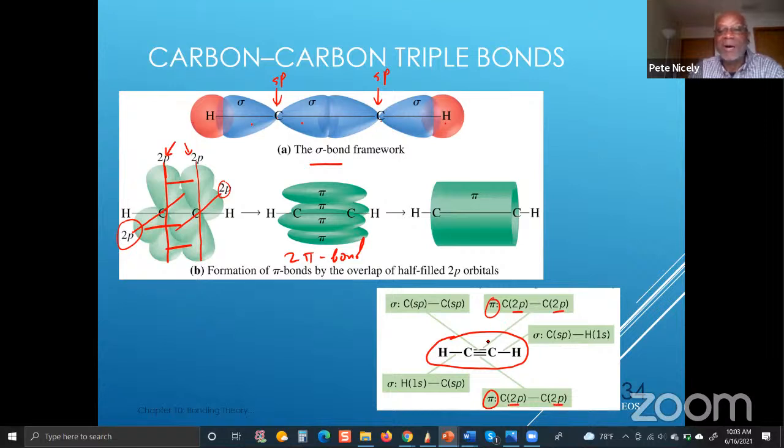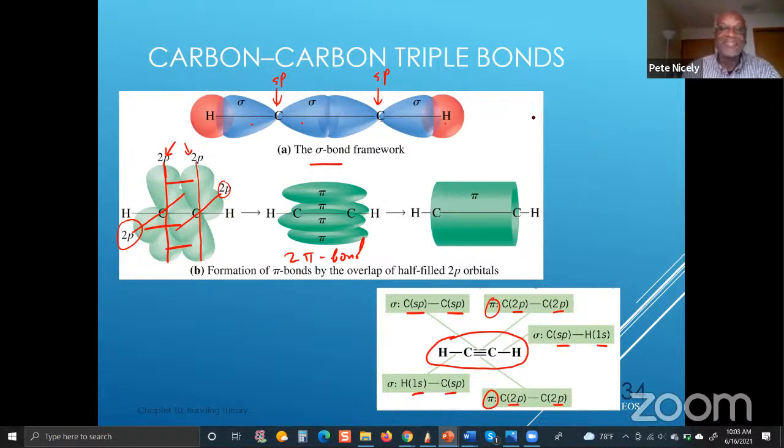And then there's a sigma bond, which is formed as a result of the end-on-end overlap of sp orbitals. And then finally, the carbon to hydrogen bonds are the result of overlapping of an sp and a 1s orbital. In each case, same thing is true here and here, right? So when it comes to organic molecules, these are the types of bonds that you have to be aware of.